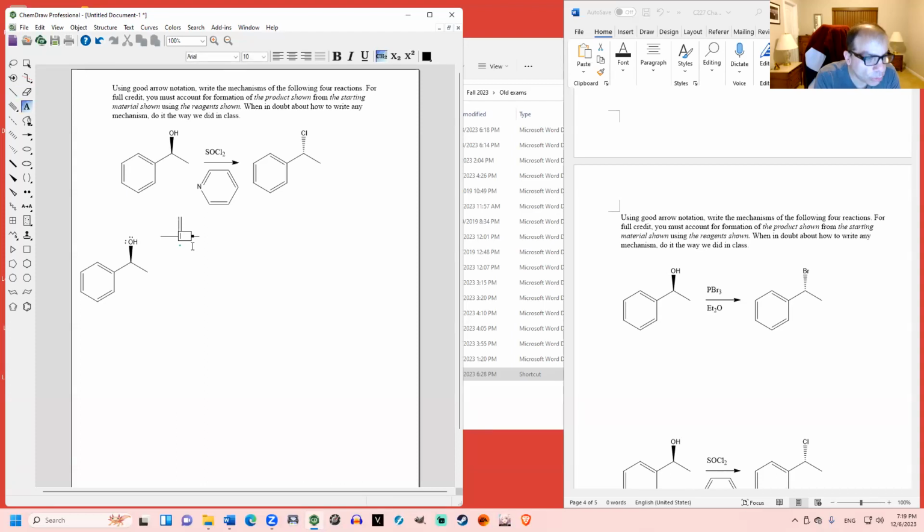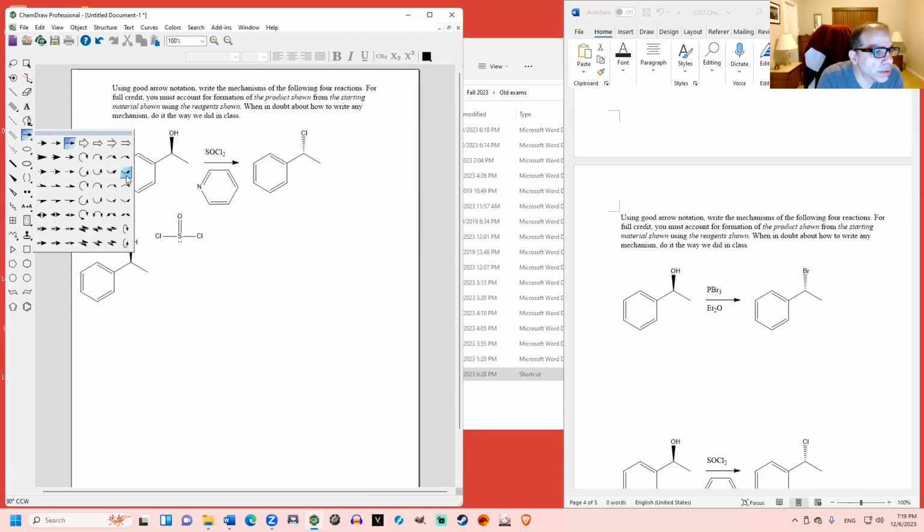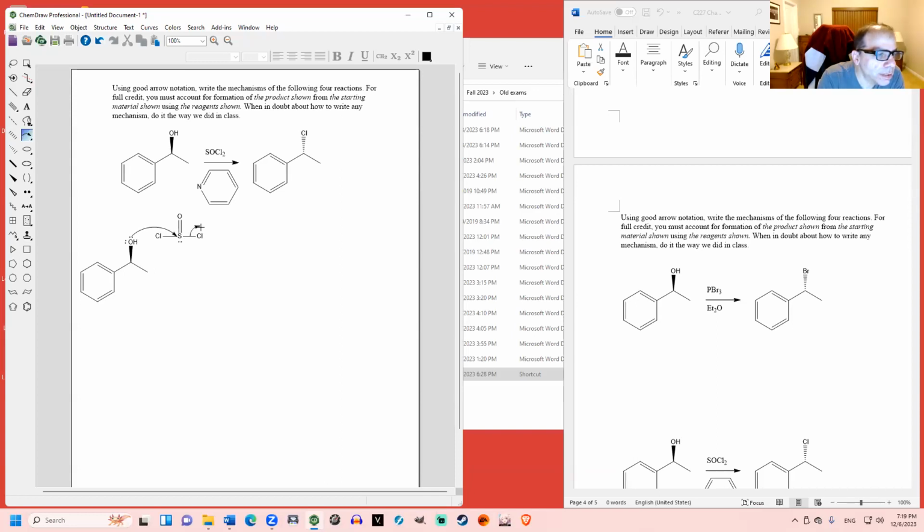So we need to draw thionyl chloride. That's the structure of SOCl2. The first step is the oxygen attacking the sulfur, and we break one of the sulfur-chlorine bonds.